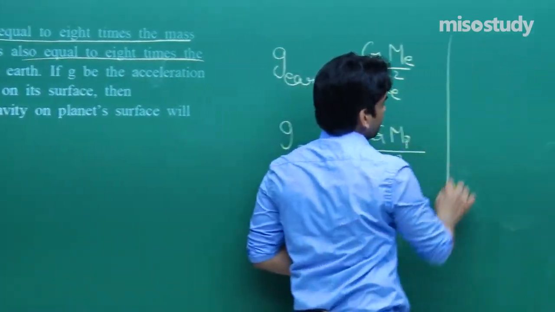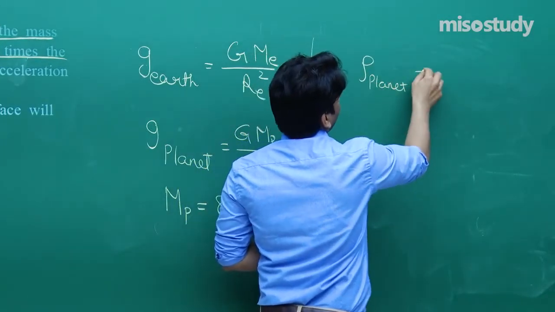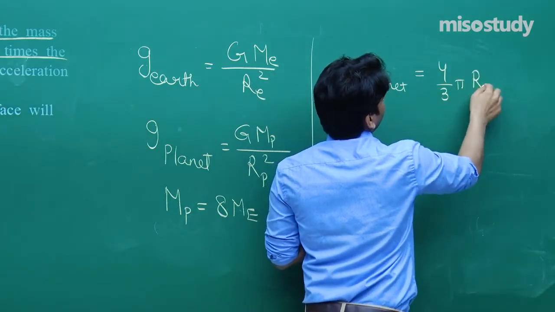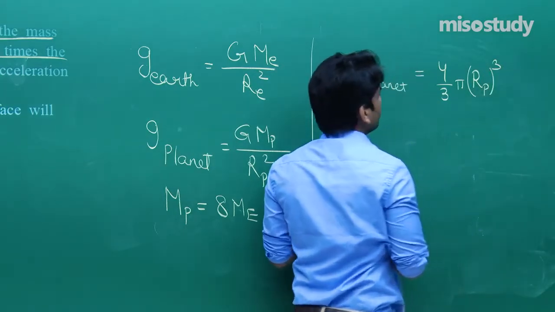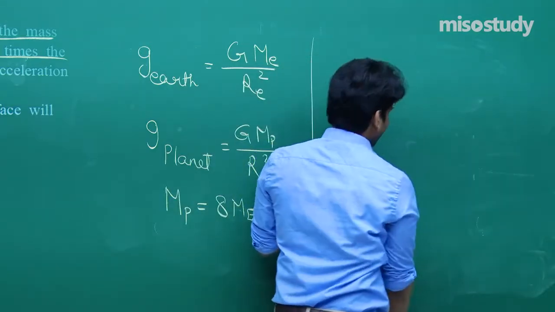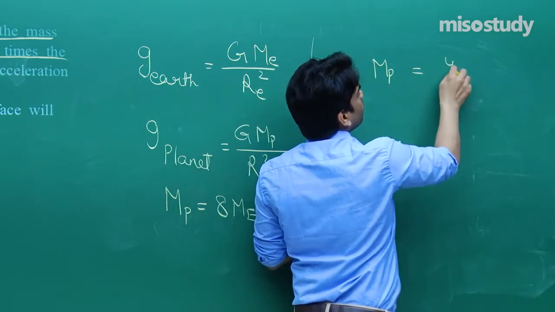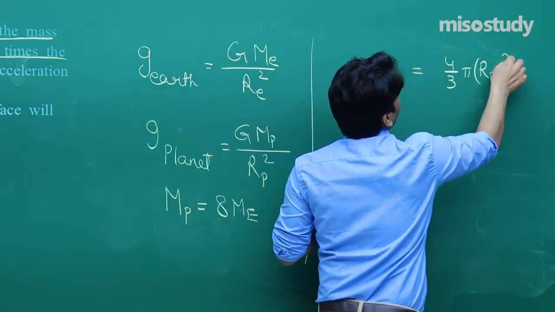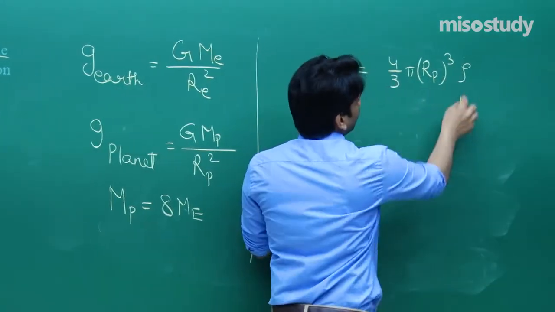Here you see, density, we know that density of planet will be what? Just a minute, mass of planet is equal to its volume, 4 by 3 pi radius of planet, if I mark Rp, whole cube, multiplied with its density, that is rho of planet.